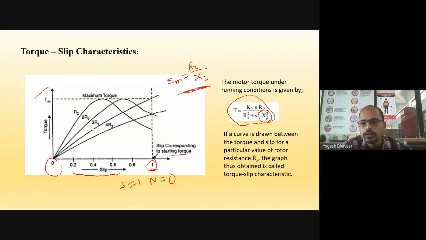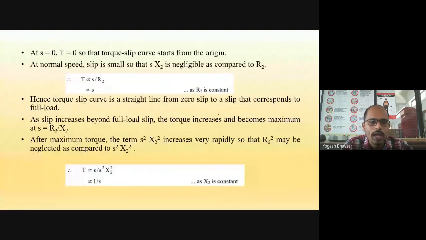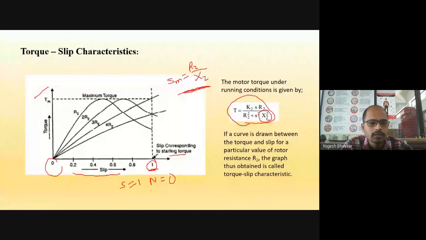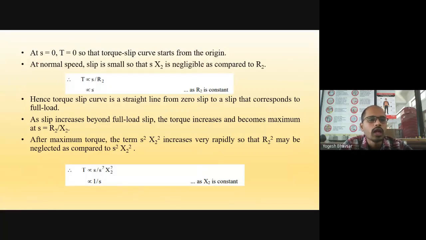In the denominator there is S square X2 square, which is a variable parameter, and in the numerator there is slip itself. Now let us see why up to the maximum point the characteristic is increasing, and after the maximum torque occurs, it is decreasing. We have to study these two sides. Look, when slip is 0, torque is also 0. Look at the relation we have.